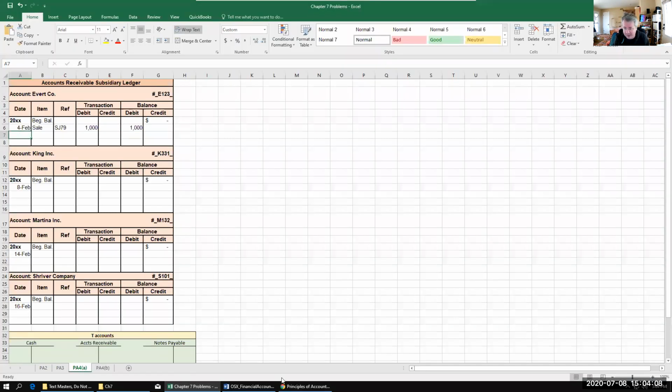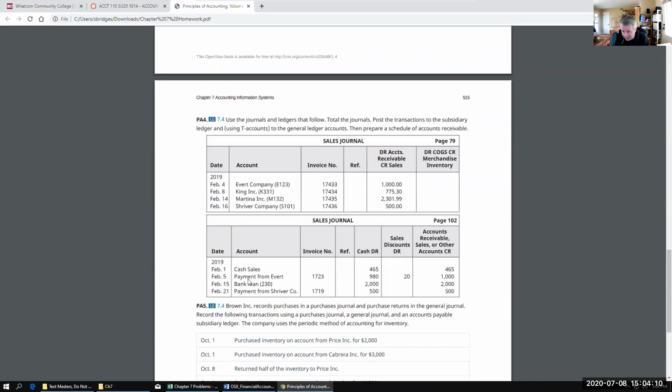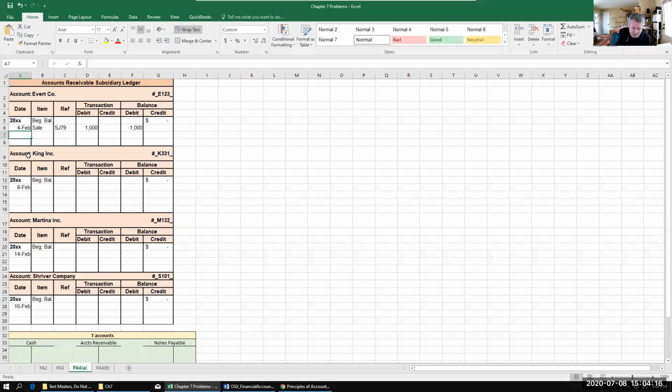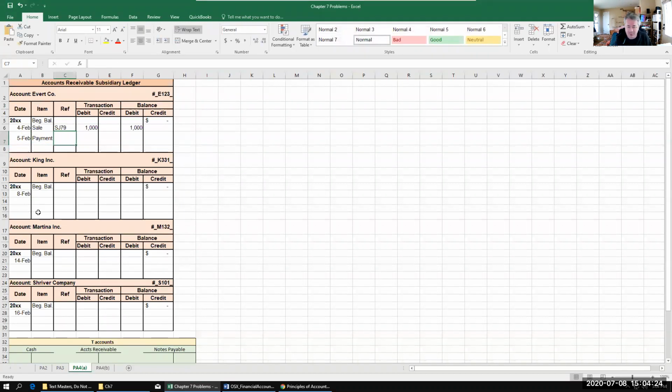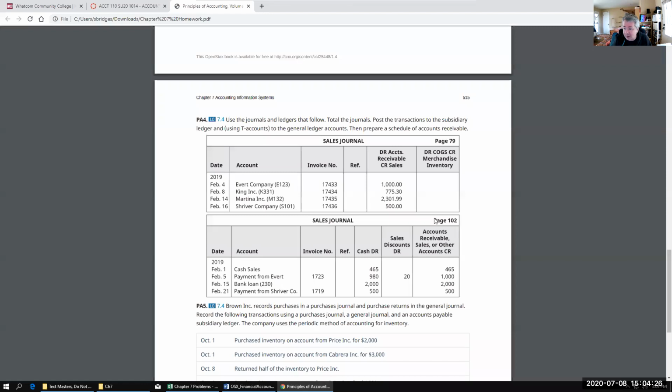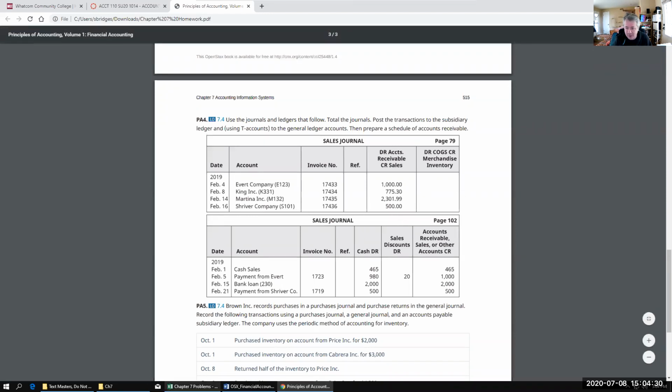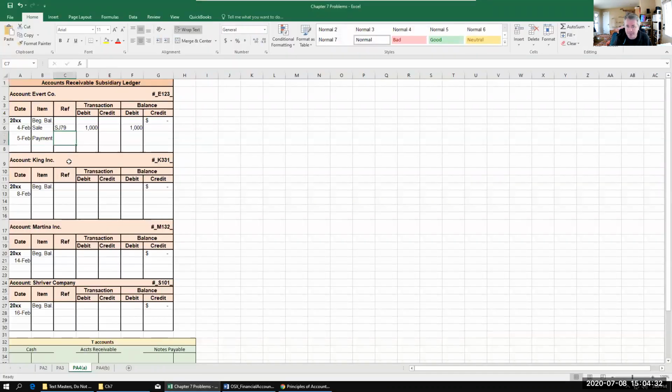We go in here, and I have already forgotten the day they did it. They paid us on the 5th, very prompt. So we say on February 5th, we have a payment. And that was a page number that I already forgot. So this should be cash receipts journal. This is a typo.